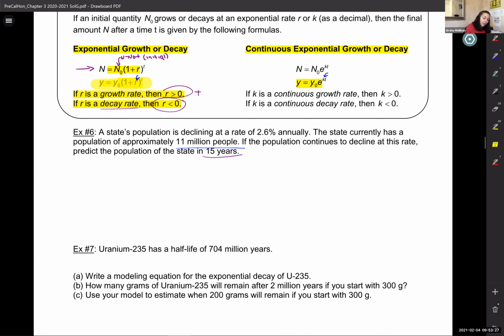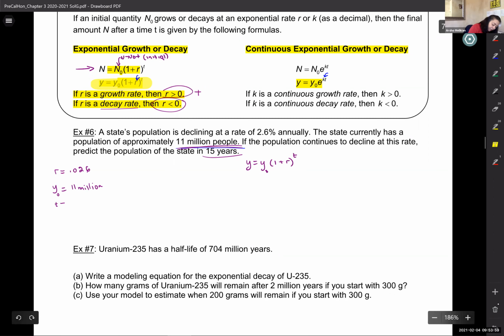So let's write down what we have. First of all, the formula we're going to use is Y equals Y naught, 1 plus R to the T. So what we have here is R, 0.026. We have the initial amount, Y naught, 11 million.